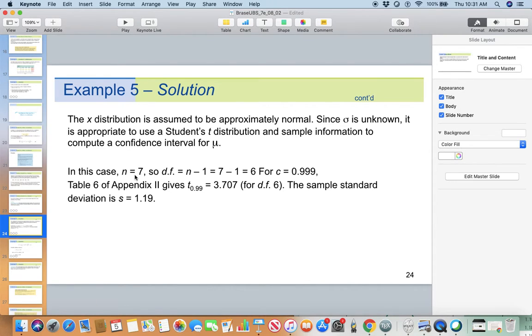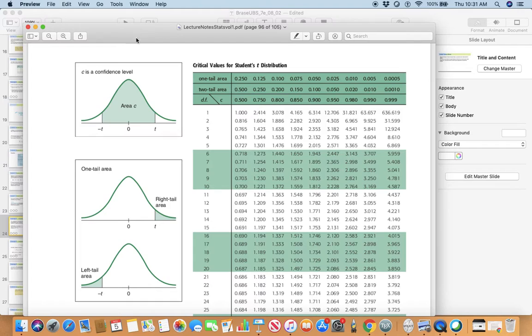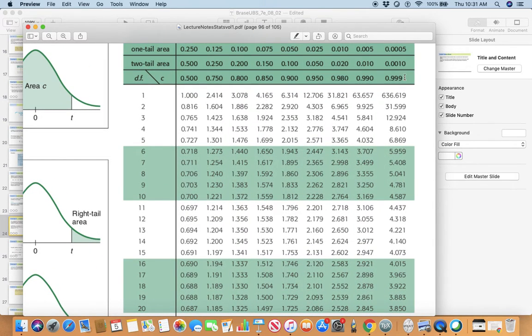n is 7. We had 7 samples. So degrees of freedom is n minus 1, which is 6. Confidence level is 0.999. Use your table to find t_c for 0.999, degrees of freedom 6. 5.959.